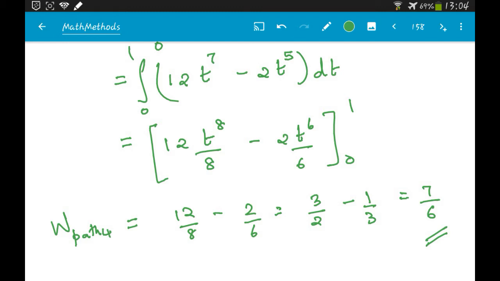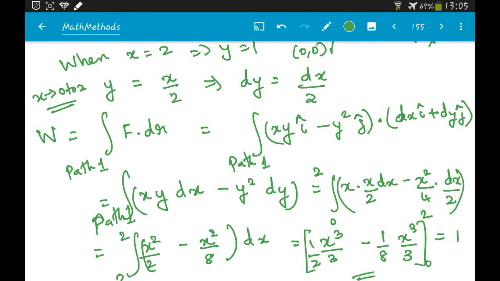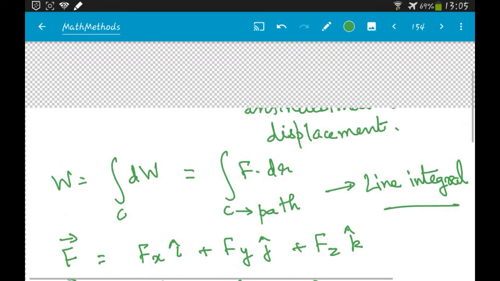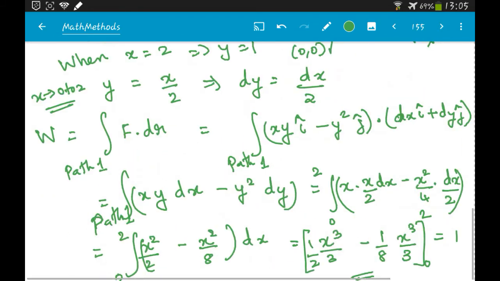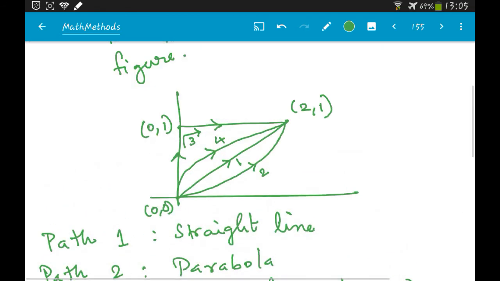Okay, so now you can see that when we computed it for all these 4 paths, right? Let's go back and see what our paths were.